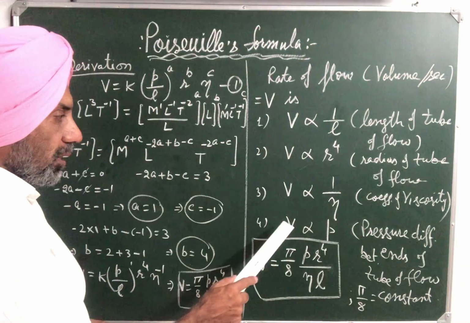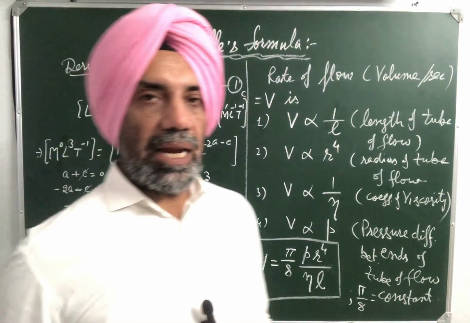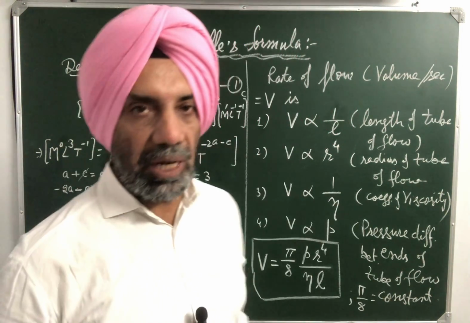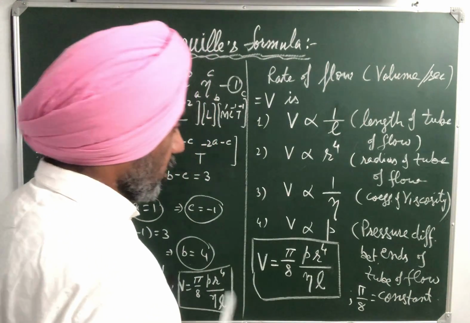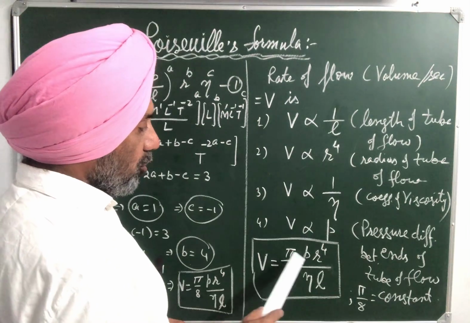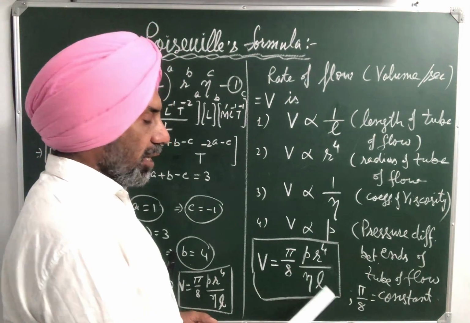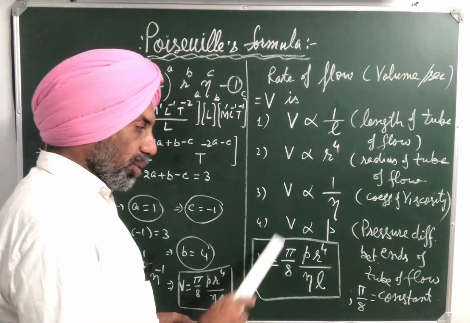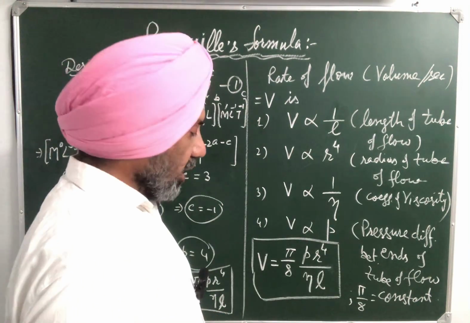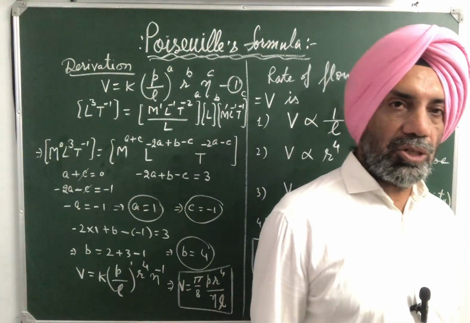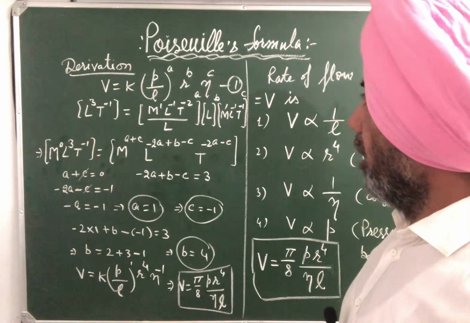And number 4, rate of flow is directly proportional to the pressure difference between the ends of the tube of flow. So if we combine all these four factors, we get V directly proportional to P r power 4 over eta L, or V is equal to pi by 8, where pi by 8 is a constant of proportionality, P r 4 upon eta L, and this is known as Poiseuille's equation or Poiseuille's formula.